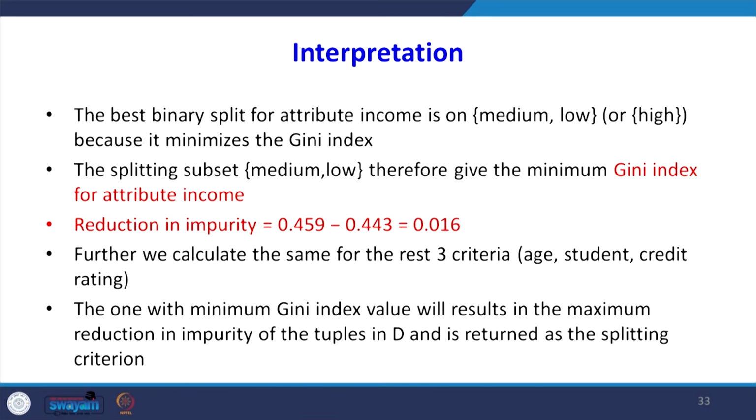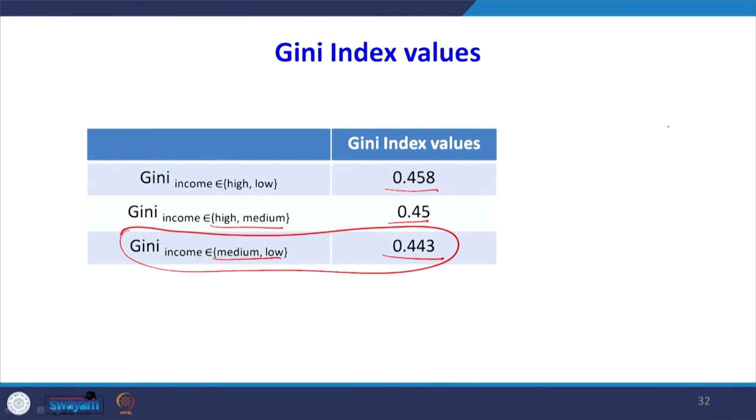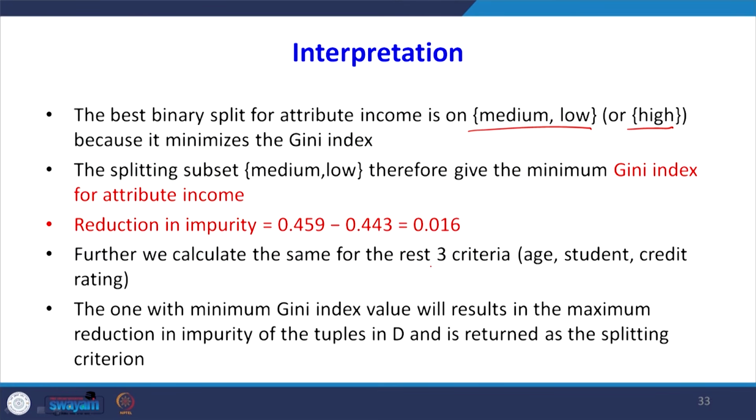Interpretation: the best binary split for attribute income is on medium and low, otherwise high, because it minimizes the Gini index. When you look at the previous table, the medium and low subset has the minimum Gini index value. The splitting subset medium and low therefore gives the minimum Gini index for attribute income.